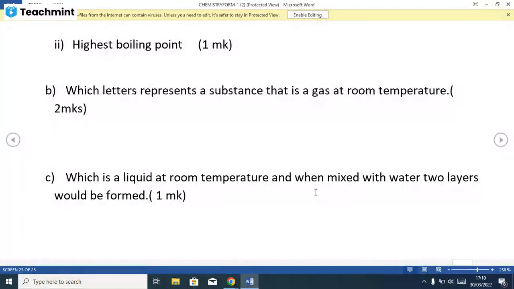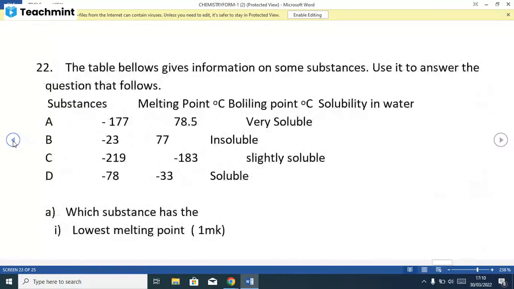But they are saying when mixed with water, two layers are formed. What does that mean? They are immiscible.